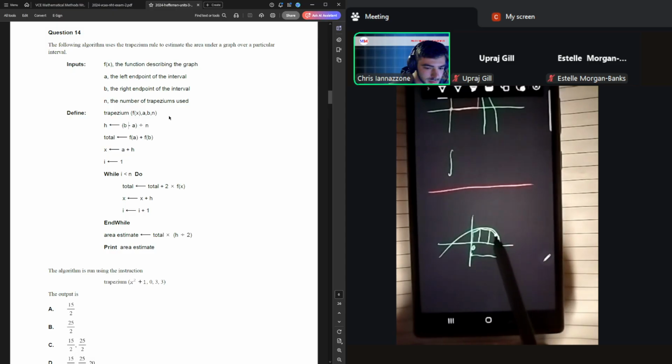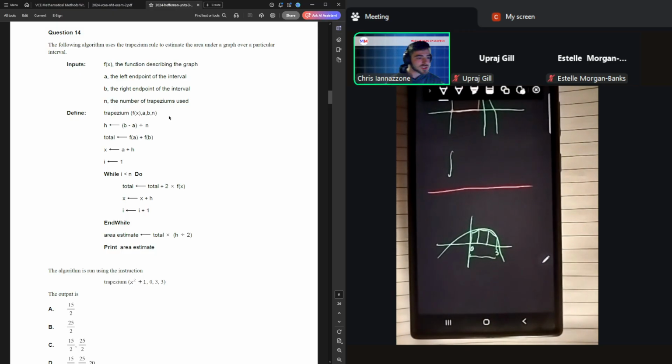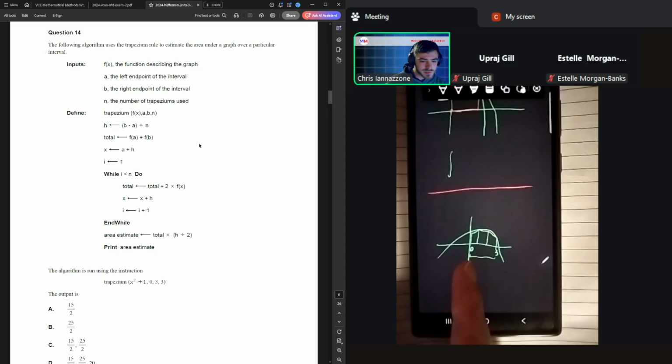B is, of course, the upper bound. So what you're essentially doing is finding the y values of those endpoints of the trapezoidal rule. From there, x is a plus h. What that means is if a is your lower bound and h is your spacing, it's taking you from the left and then incrementing your x value by the spacing every single time.